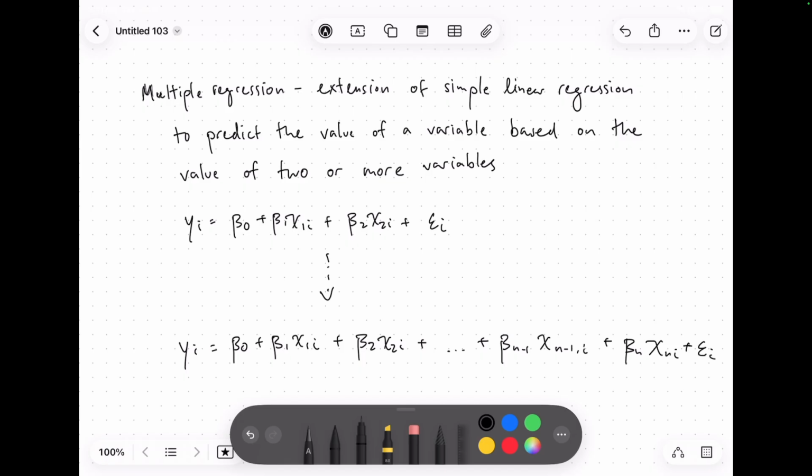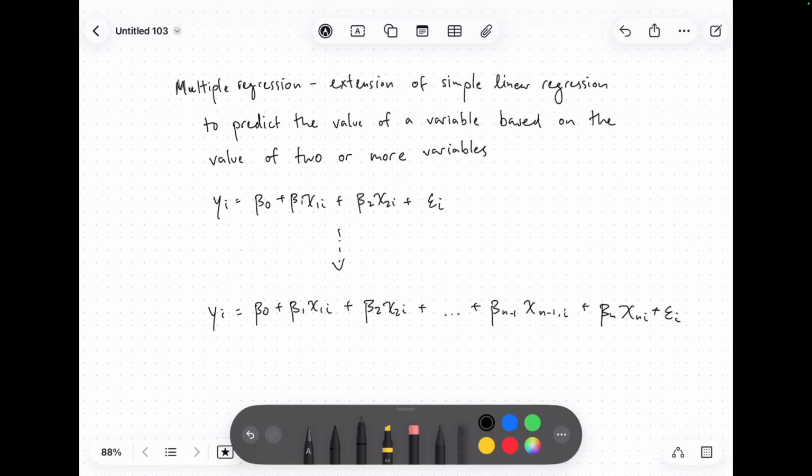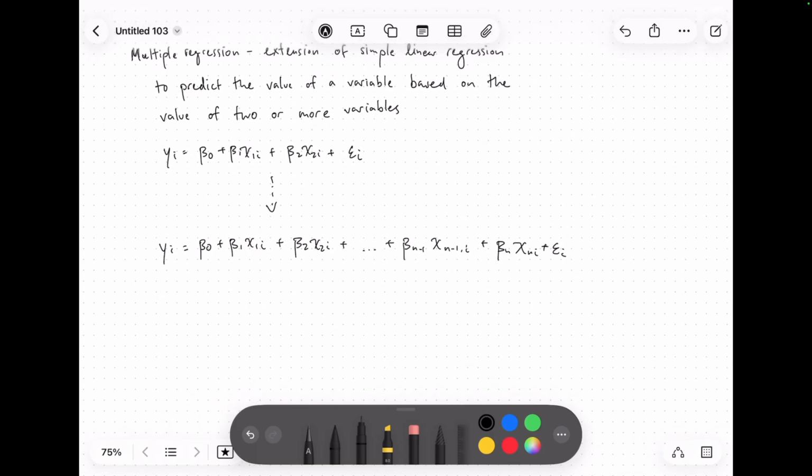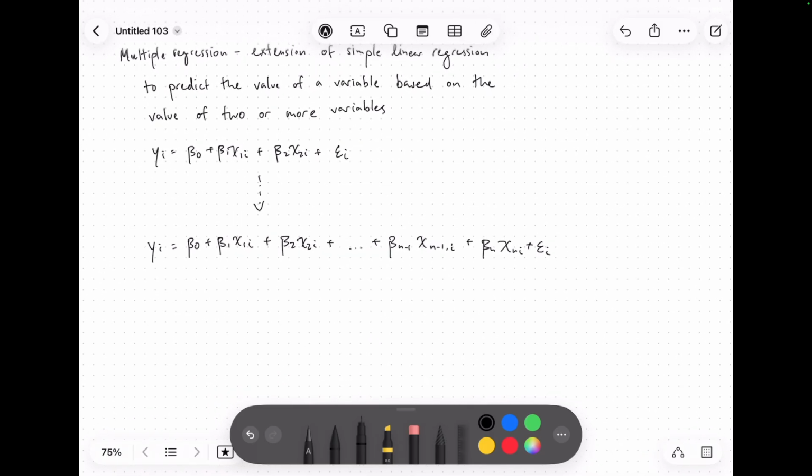Okay, so anywhere from 2 variables to generically n variables, right? And so that really could be specifying a model of any size, right?